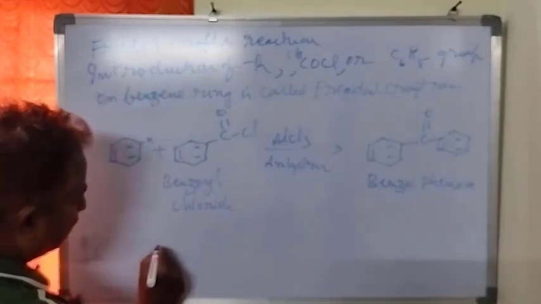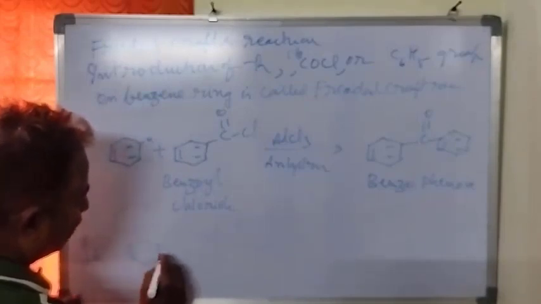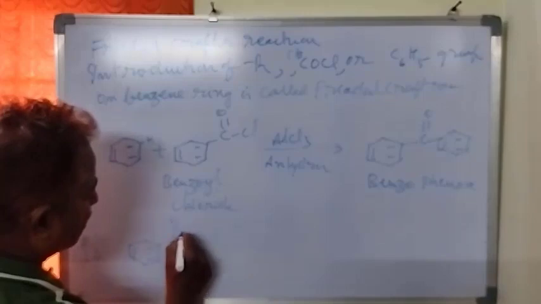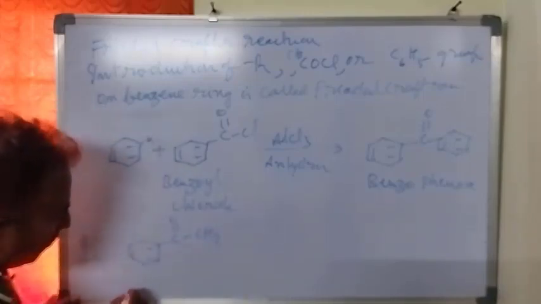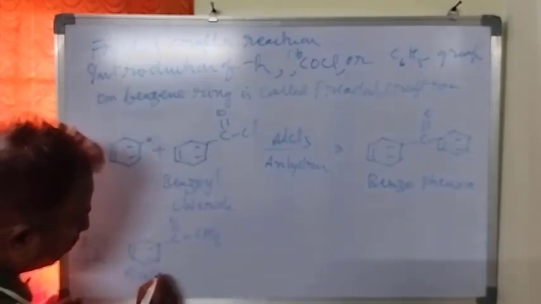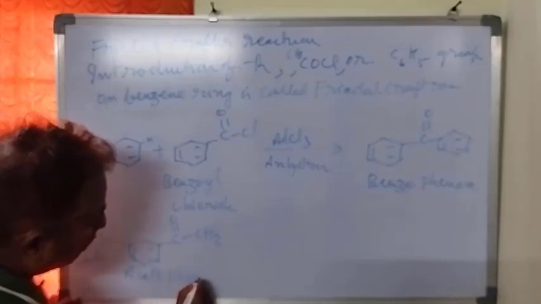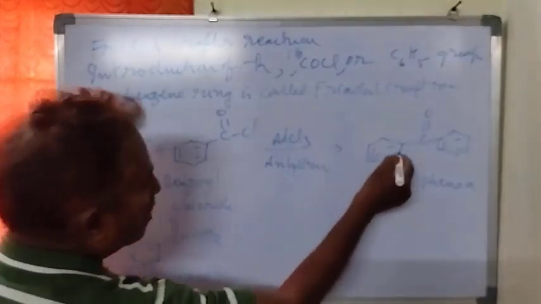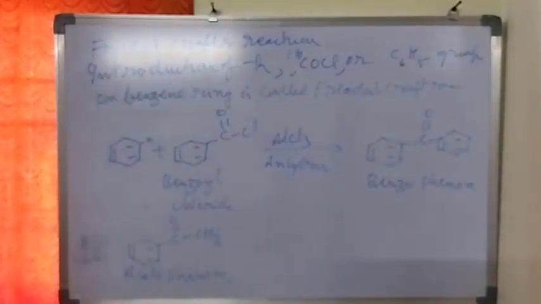What is the name of this substance? The name of this substance is acetophenone. This is benzophenone. So in this way, in a Friedel-Crafts reaction, we can introduce alkyl group, acyl group, benzoyl group on the benzene ring in the presence of anhydrous aluminum chloride. Therefore, such a reaction is a Friedel-Crafts reaction.